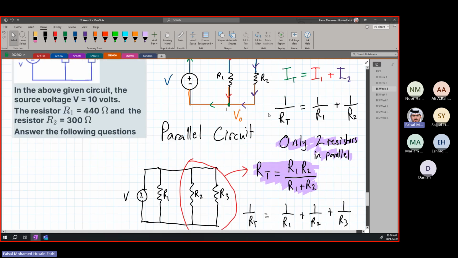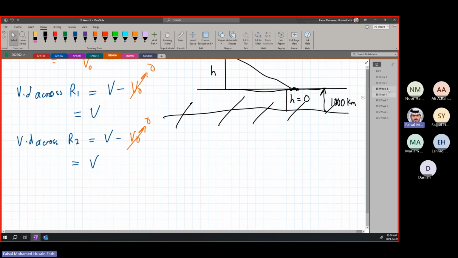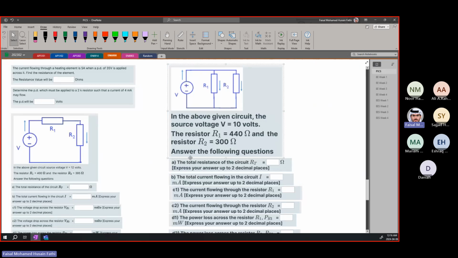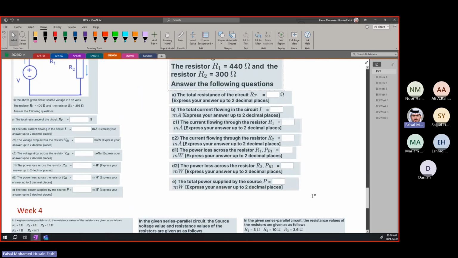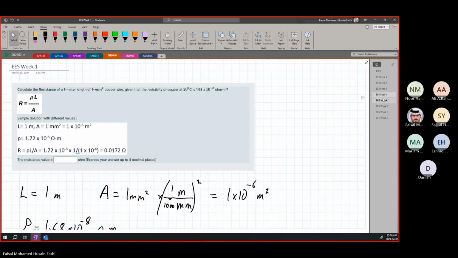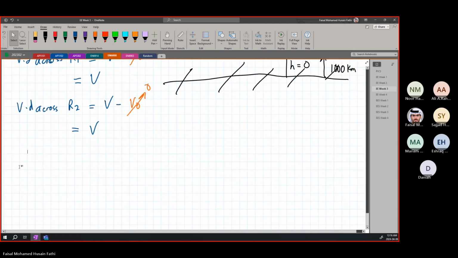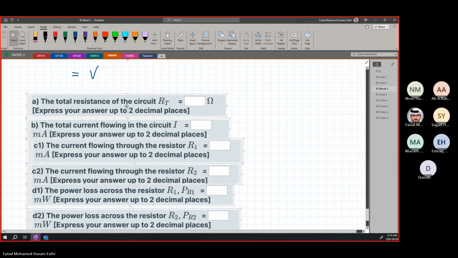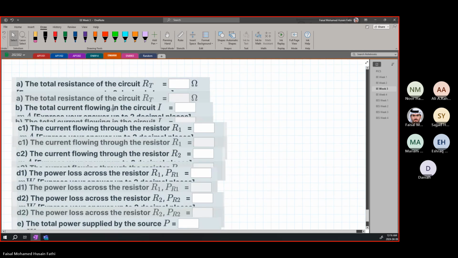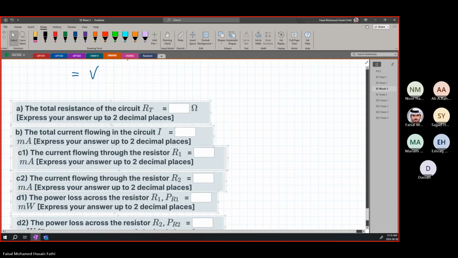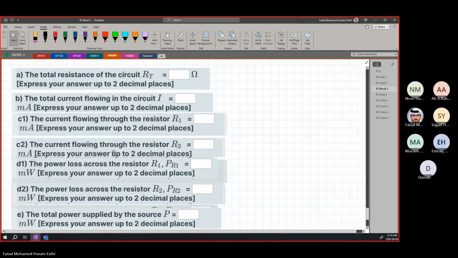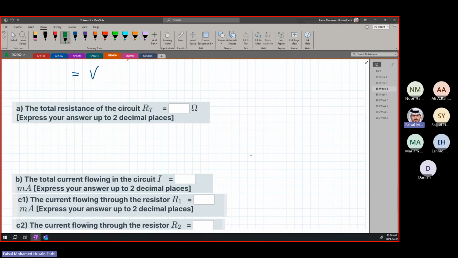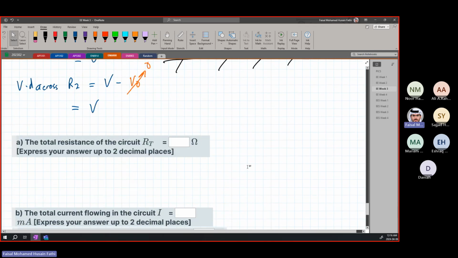So let's now start solving the question. The first question says, let me just copy paste all of this. And then, what is the total resistance of the circuit RT?